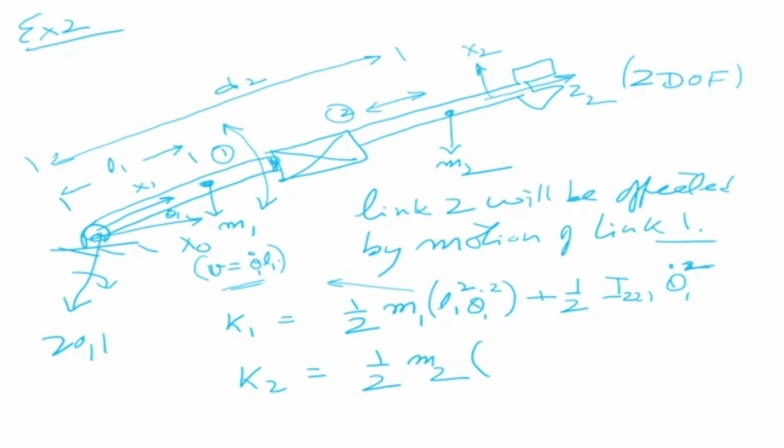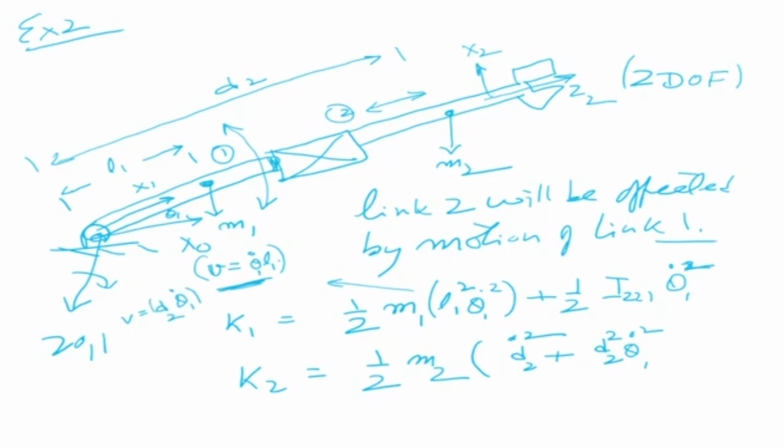Its own velocity is d2 dot squared, the linear velocity because of the translating joint, plus the velocity because link 1 is rotating, which is d2 squared into theta 1 dot squared. So v is equal to d2 into theta 1 dot.